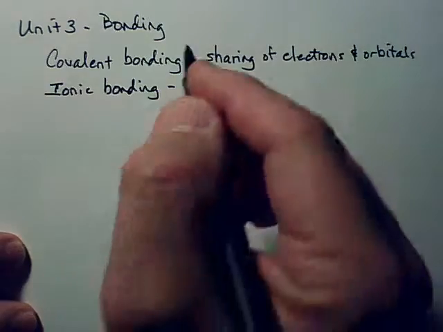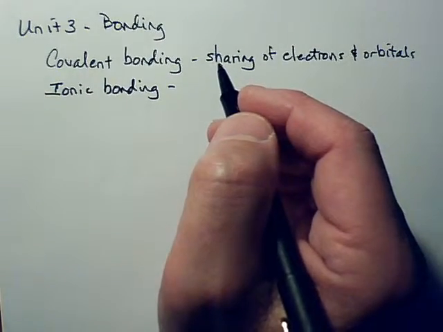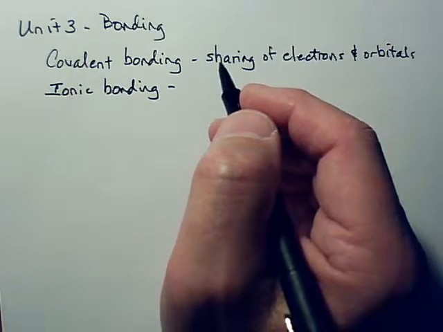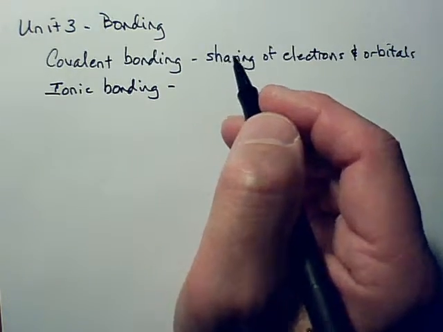So in ionic bonding, you have positive and negative ions. Some are positive, some are negative, and the bonding occurs because of the opposite charges.